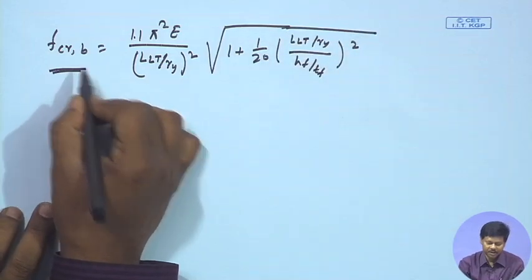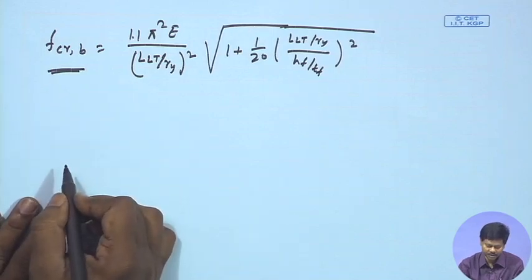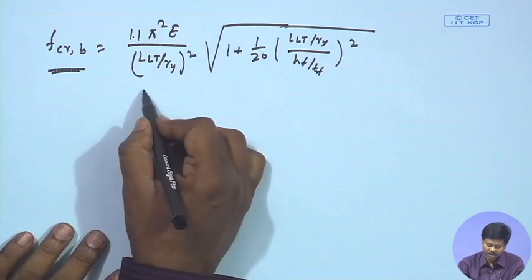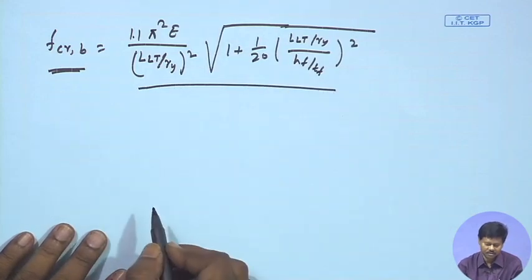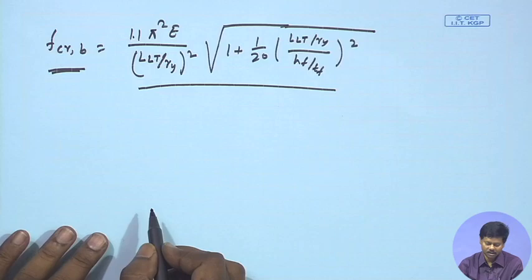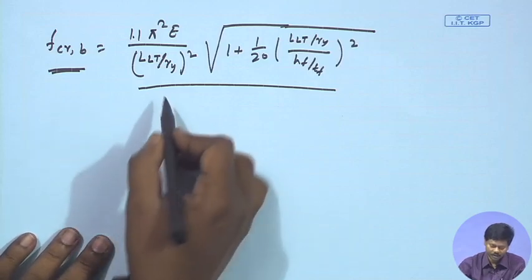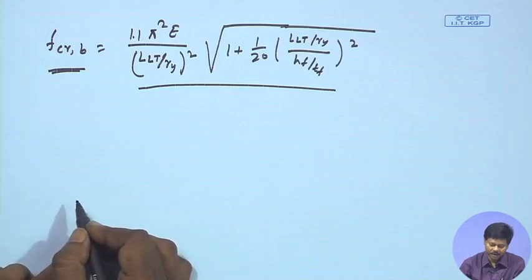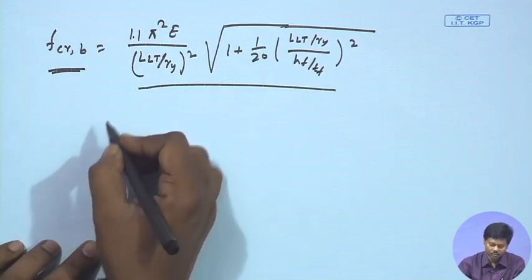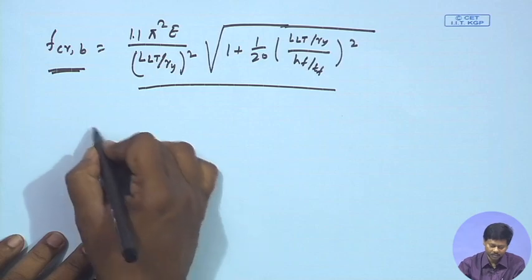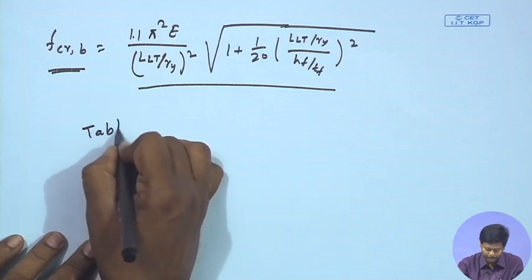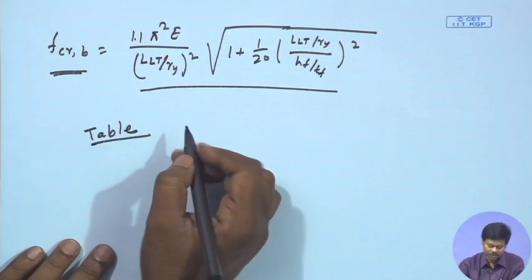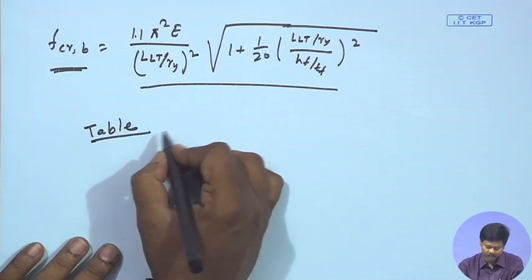So, FCRB, the extreme fiber bending compressive stress corresponding to elastic lateral buckling moment, can be expressed from this. Okay. This is also given in the code, where the details can be found, and also we can find out the FCRB value from table 14.